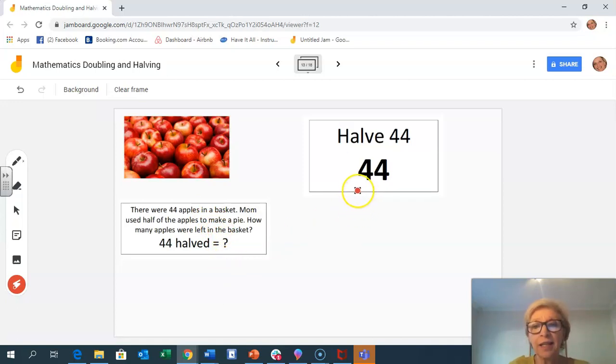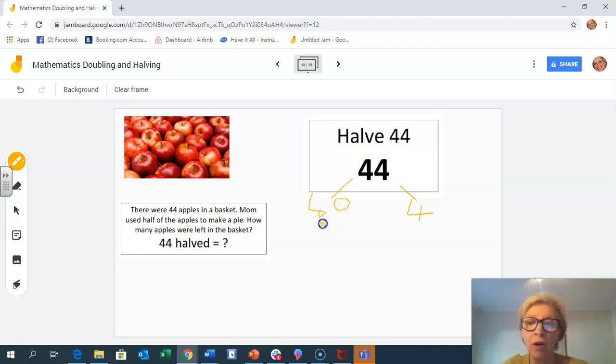Well, let's see. Similarly, as I did with the doubling, I need to show you how best to set out this work. So once again, we're going to halve 44, but the first thing we're going to do is split our number up to make it easier to work with. So 44 is the same as 40 plus 4.